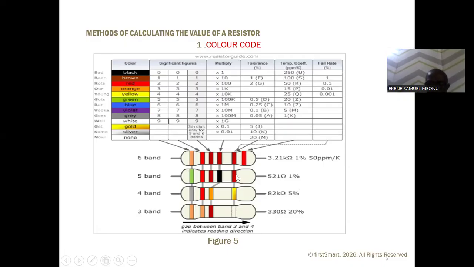So that's a way to calculate the resistance value in case you don't have your multimeter. But the multimeter will not give you the tolerance. It can give you an approximate value, a rough idea of what the value of the resistor is.